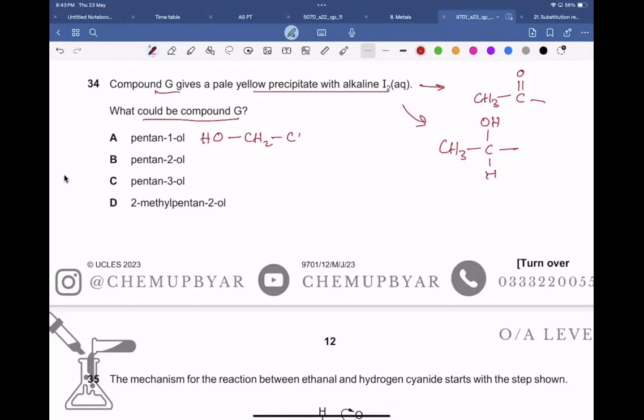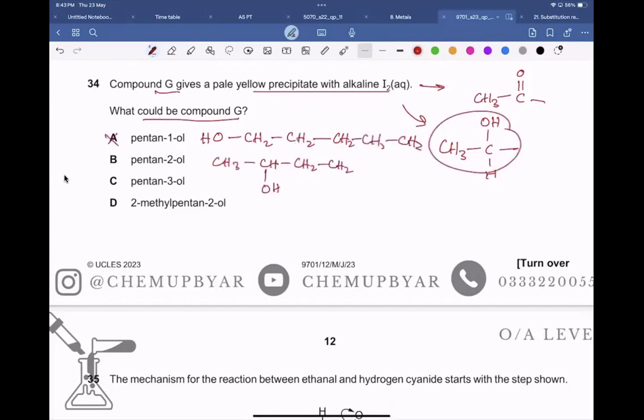Now if you see pentan-2-ol, CH3, CH, OH, then CH2, CH2, and then CH3. See, this group is present over here. So the second one is the correct answer. In the third one, the OH is on the third carbon, so OH must be next to the terminal carbon.